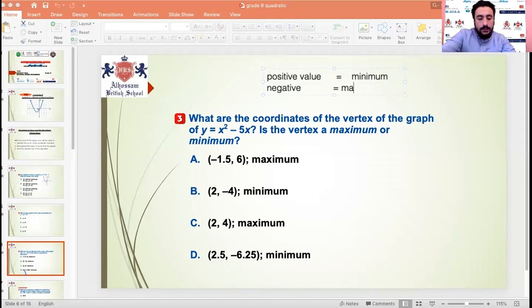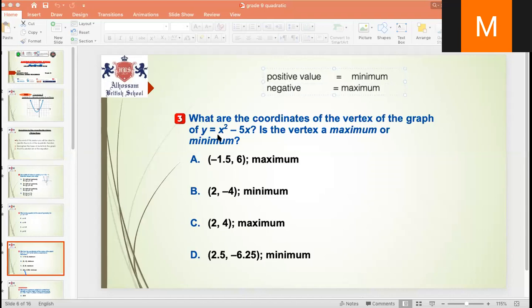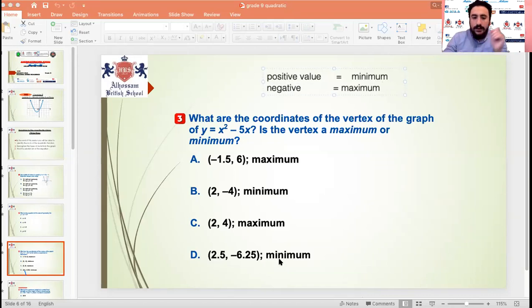Muhammad, focus. X power 2 here, positive or negative? Positive. So it's going to have a minimum. So I'm going to choose either minimum 2 and negative 4, or 2.5 and negative 6.25 minimum.